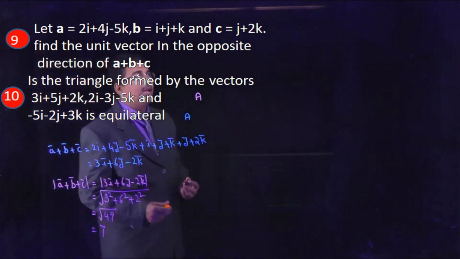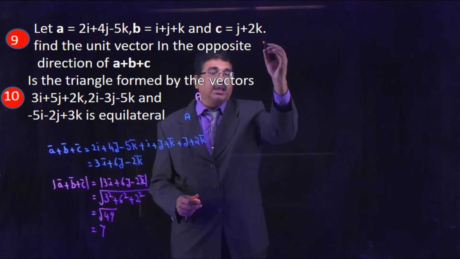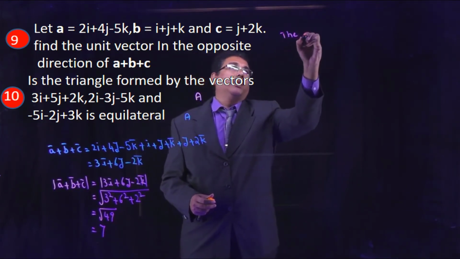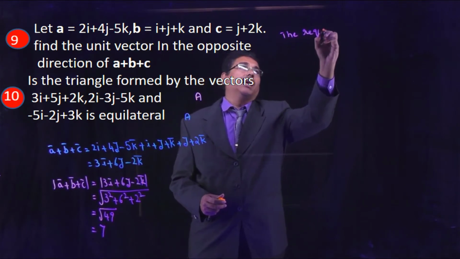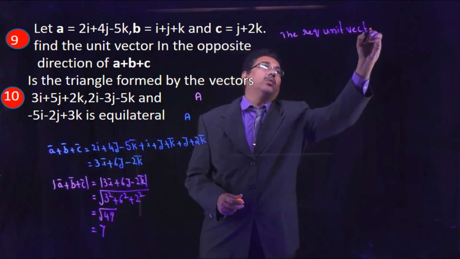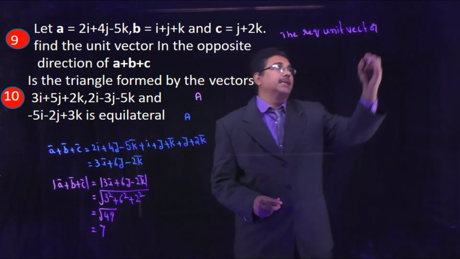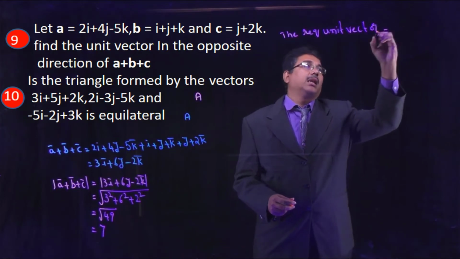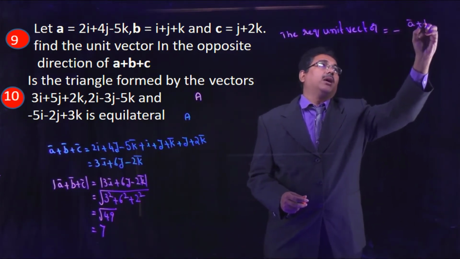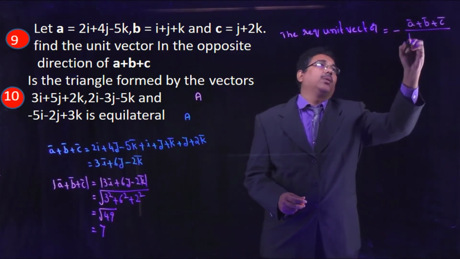Now the required unit vector is equal to minus of a bar plus b bar plus c bar by its magnitude.